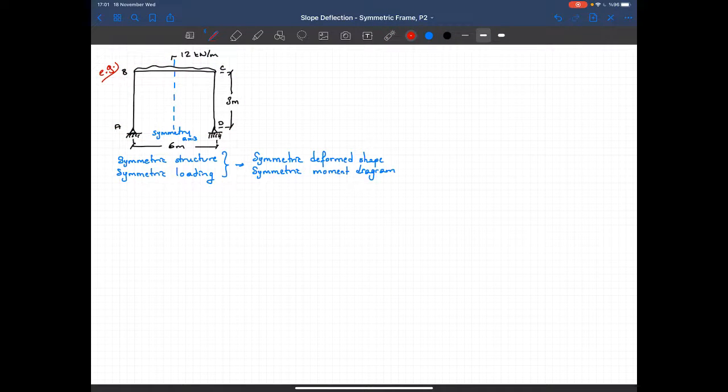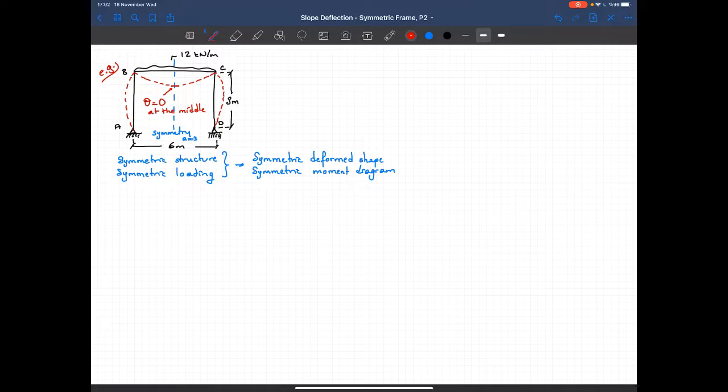So let's draw the deformed shape. So we expect to see a deformed shape like that. And the mirror image on the other side. And what we know about this deformed shape is, since it's symmetric, in order to have a symmetrical deformed shape, this rotation must be equal to 0 at the middle.